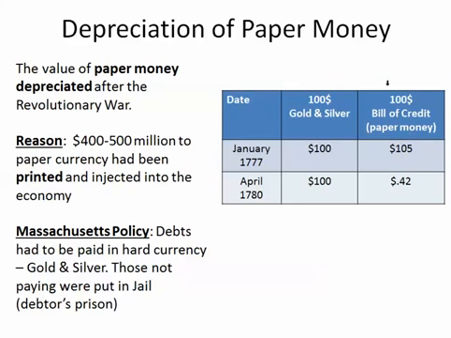Farmers wanted to pay with paper money. Massachusetts and a bunch of the bankers and wealthy merchants wanted to be paid in gold and silver. So in the state of Massachusetts, you had to pay in hard currency. A lot of farmers thought that was unfair, and those who didn't pay were put in jail. There was a debtor's prison, so a lot of people went to jail for not paying their bills.